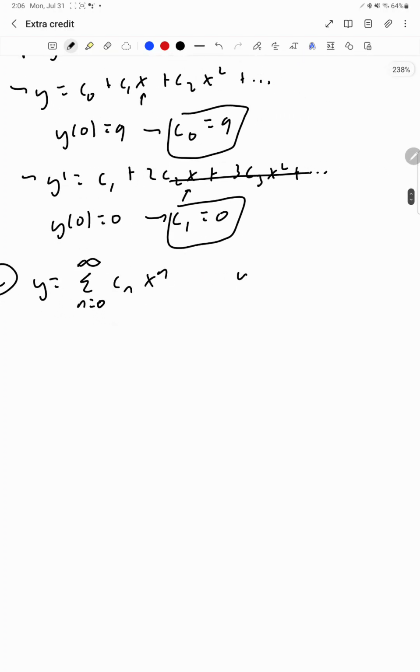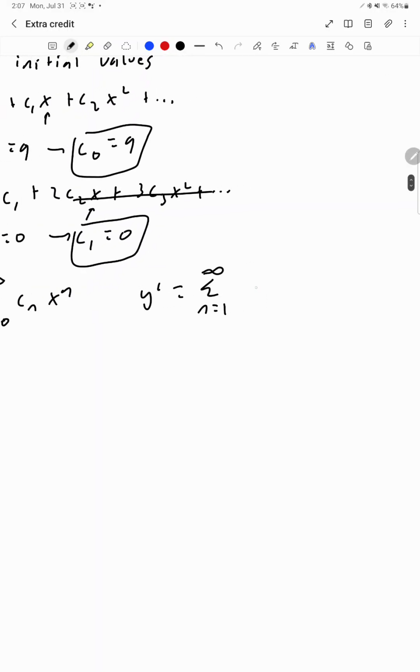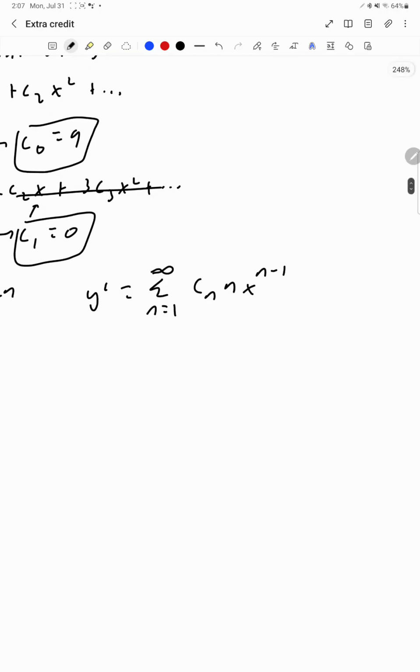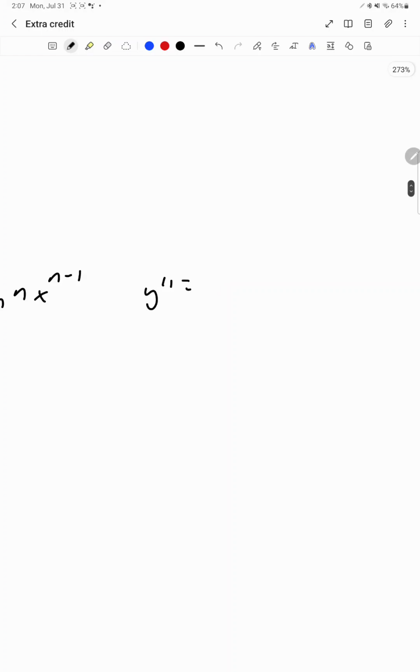And then you take the derivative of that, you're going to get the sum to infinity, and this starts at n equals 1, because when you take the derivative, the power of x is going to be n minus 1. And so you want to compensate for this by doing n equals 1 for the starting point of the sum. Hopefully that's correct reasoning.